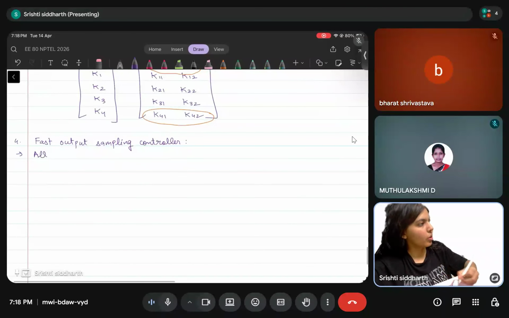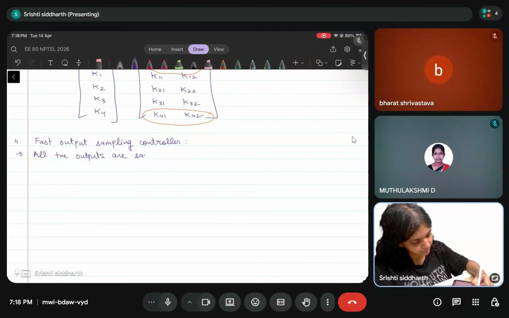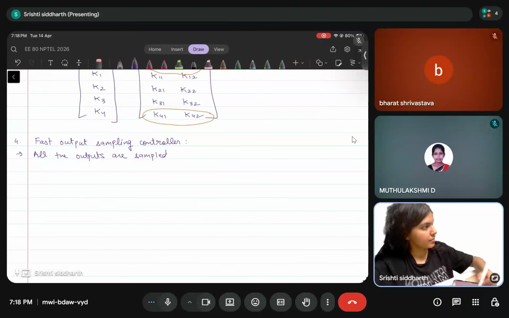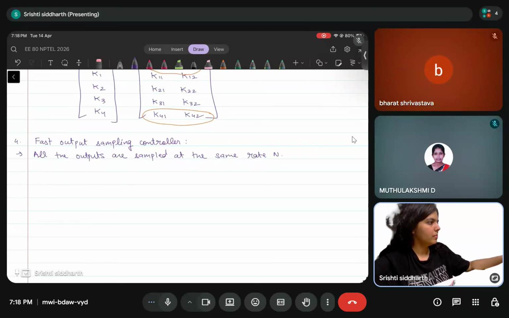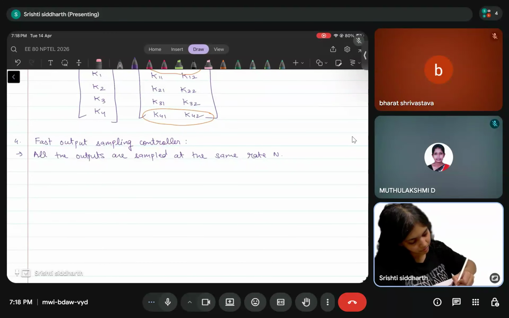The first one is that all the outputs are sampled at the same rate, and that rate is N. This means that the controller is non-dynamic.